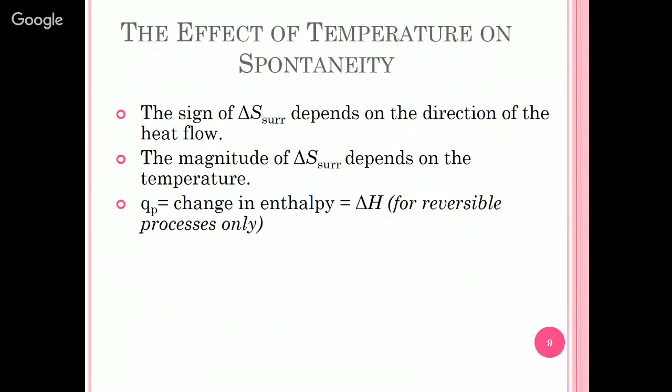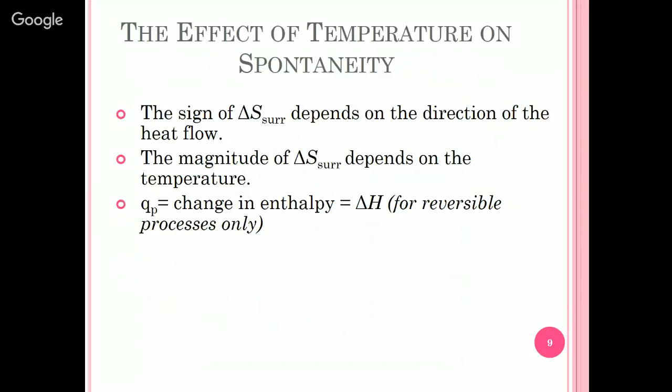So we can look at the entropy of the system and the entropy of the surroundings. The sign of the entropy of the surroundings depends on the direction of the heat flow. Remember, temperature is directly related to the average kinetic energy of the molecules in that system.